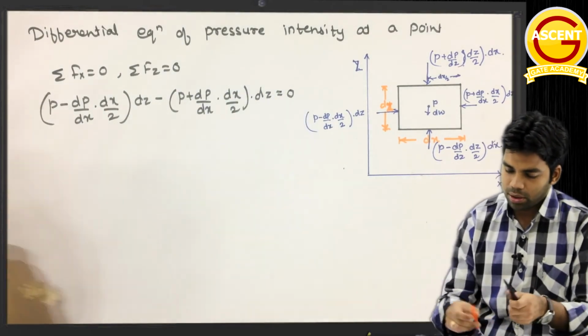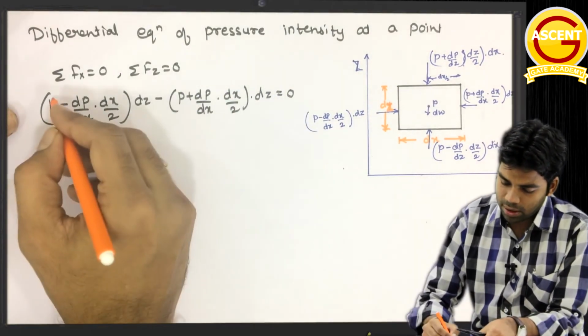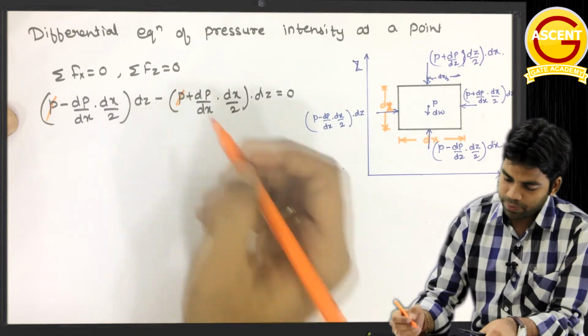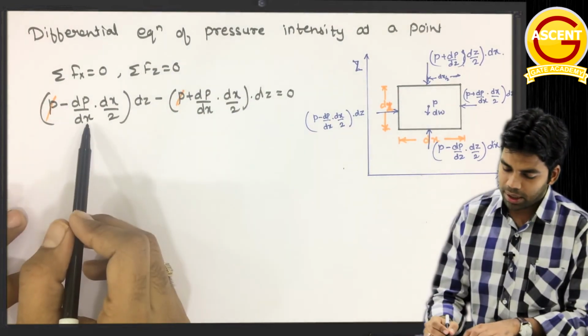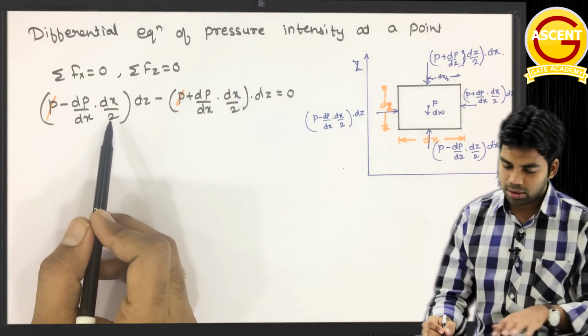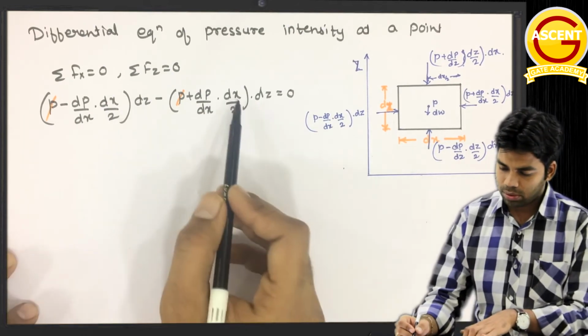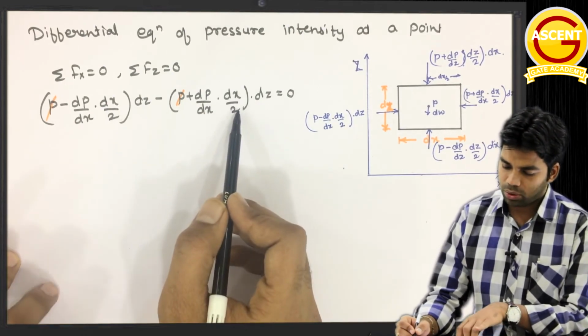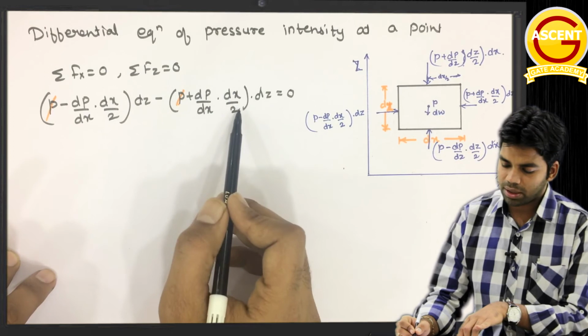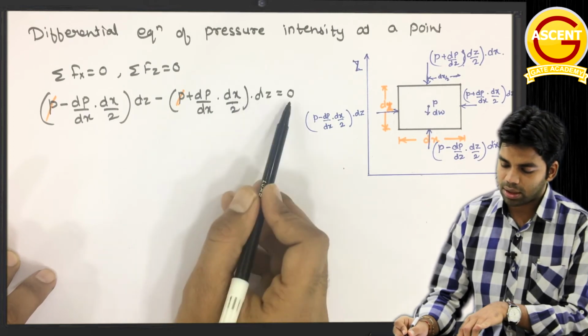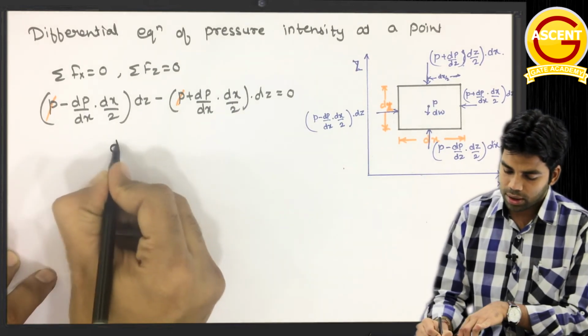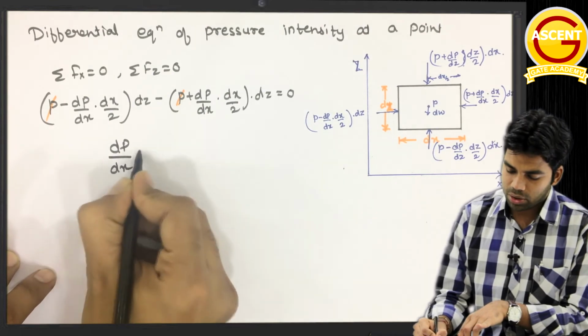Okay, so from here the P dz will be cancelled out. Now this will be dp by dx into minus dx by 2 minus dx by 2, that is minus dx, into dz, which should be equal to 0, or you can say dp by dx should be equal to 0.